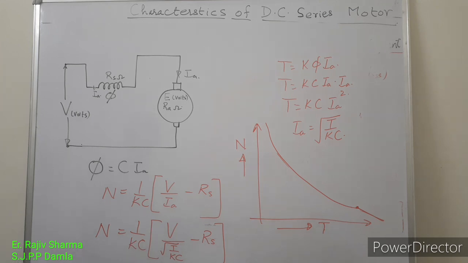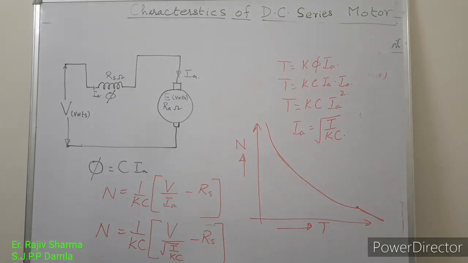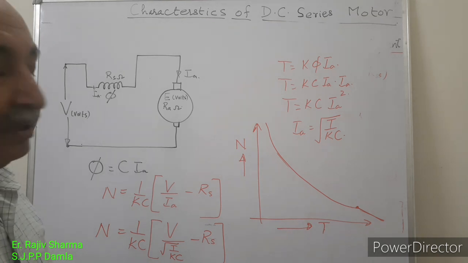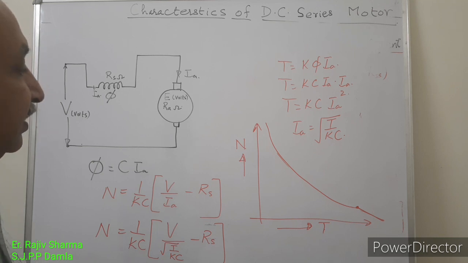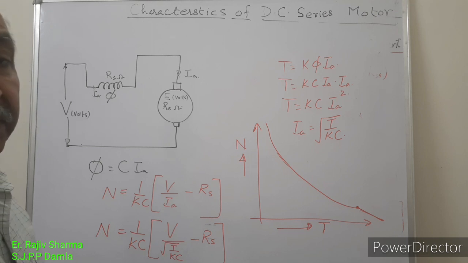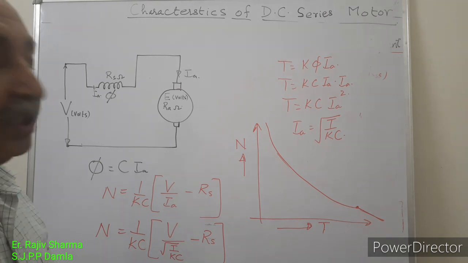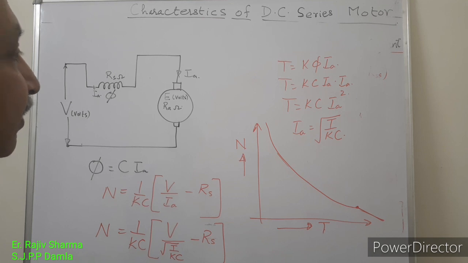These were the characteristics of DC series motor, with the difference that the starting torque of the DC series motor is high in comparison to DC shunt motor, and on applying the load there is steep variation in the speed of the DC series motor, whereas there is less variation in the DC shunt motor.